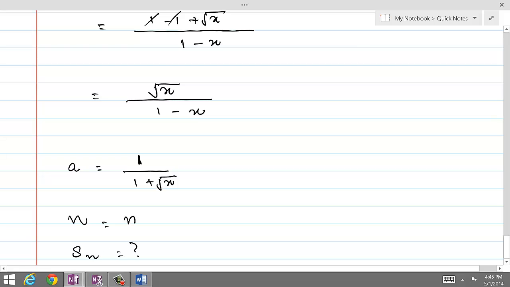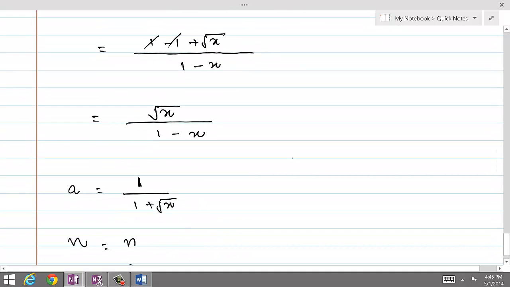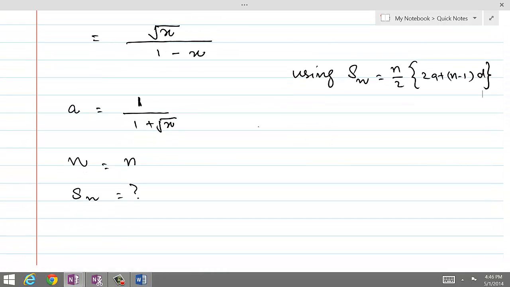We simply use the formula. Now using Sn equal to n by 2 into 2a plus n minus 1 into d, we can use this formula and we can find the sum.